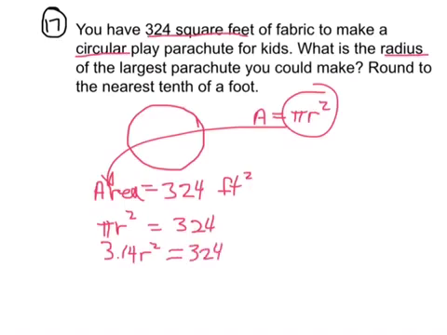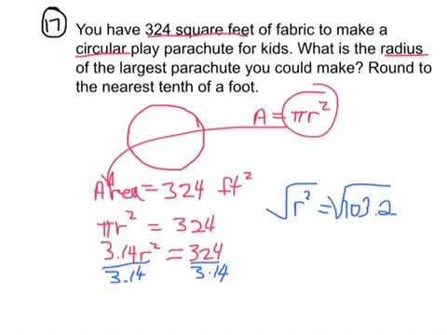So getting the r squared alone, we will divide both sides by 3.14, and get r squared equals 103.2. So now solving this equation, we're going to square root both sides. And now r equals the square root of 103.2, which equals 10.2.